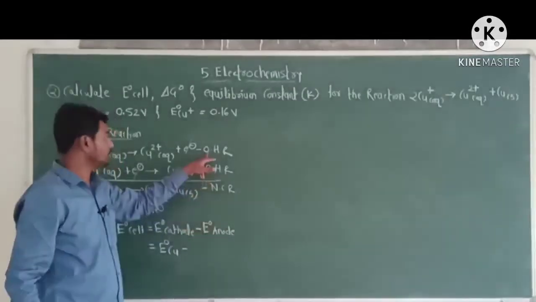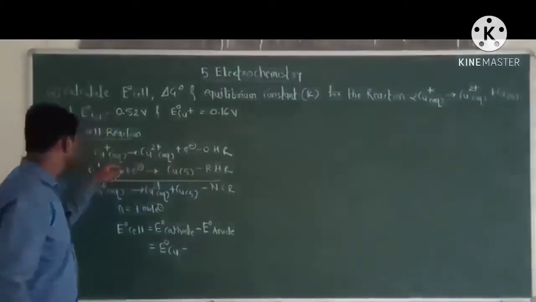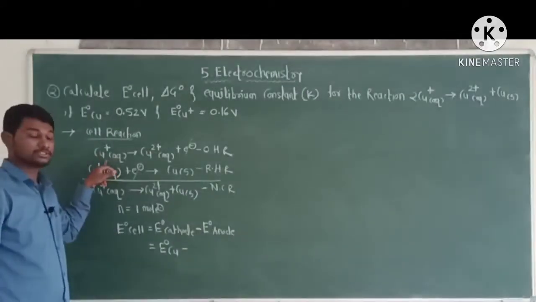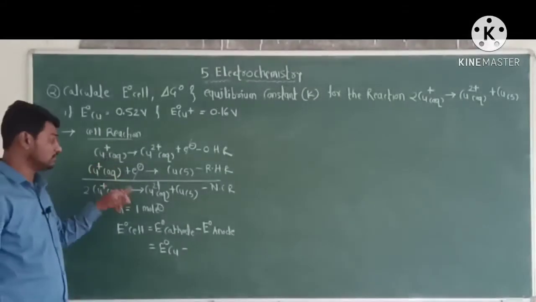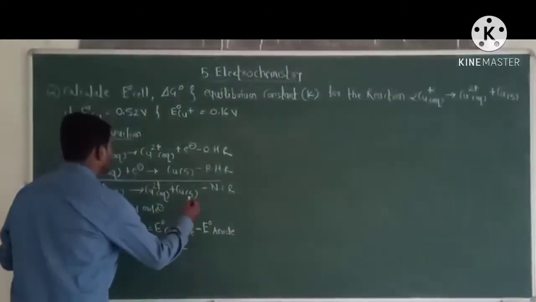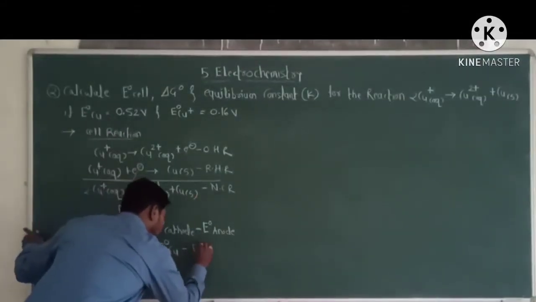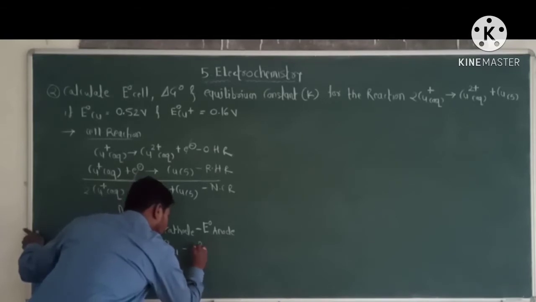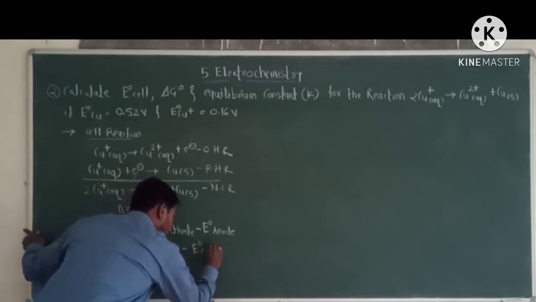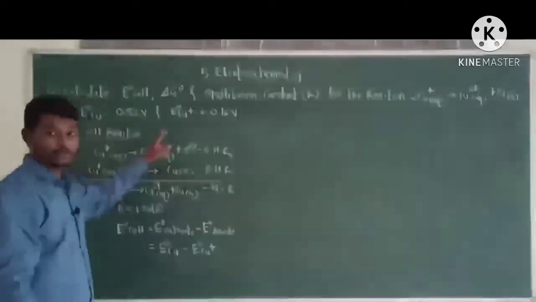The oxidation half reaction occurs at the anode, that is Cu+ aqueous. This Cu+ is the anode, that is E0 Cu+. Okay.